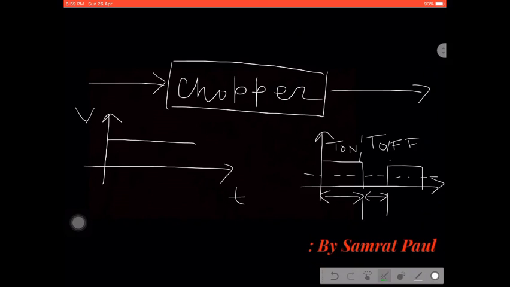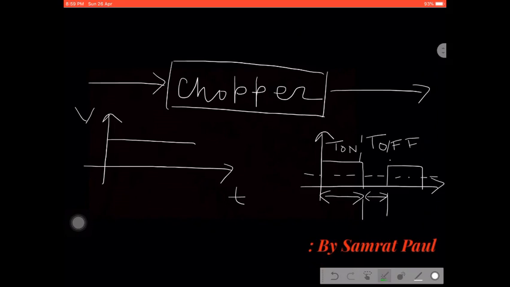One more thing I must say here: in industrial applications, a chopper is required to convert a fixed voltage DC source into a variable voltage DC source. It is also called a DC-DC converter, as I told you before. A DC converter can be considered the DC equivalent of an AC transformer with a variable turns ratio.